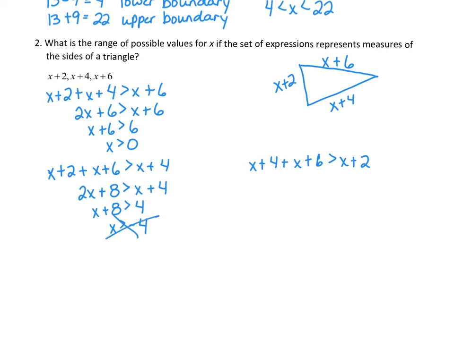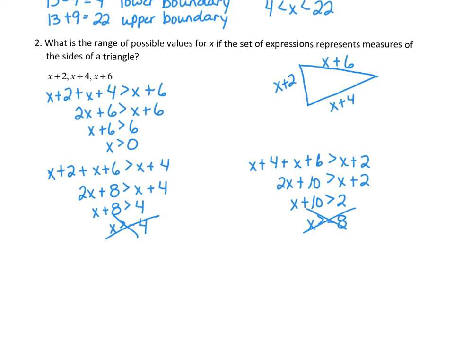And then the other one, if I combine my like terms here, I have 2x plus 10 is greater than x plus 2. Subtracting x from both sides, x plus 10 is greater than 2. Subtract 10 from both sides, x is greater than negative 8. So again, here's another negative value, so I would eliminate this. So what this means for this particular triangle is that there is no upper boundary.